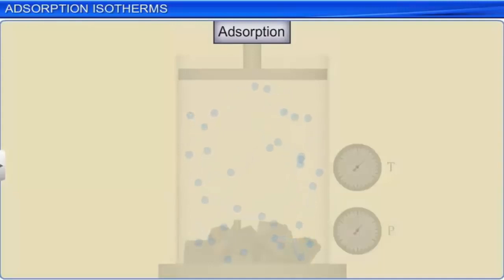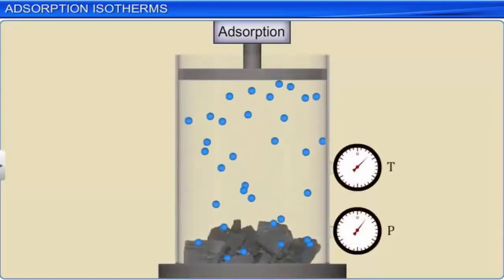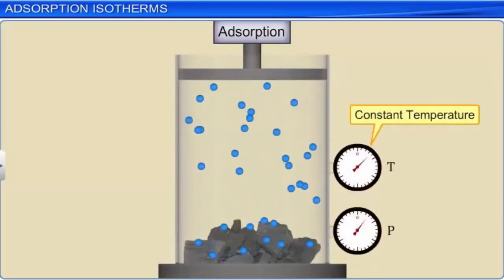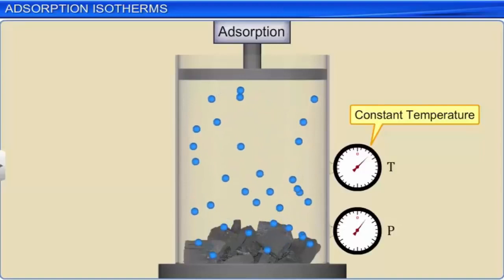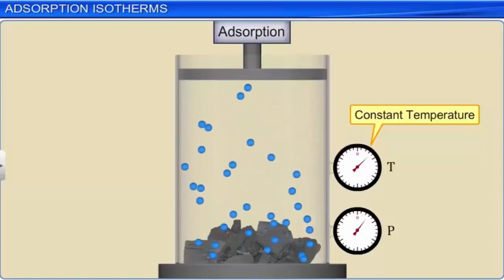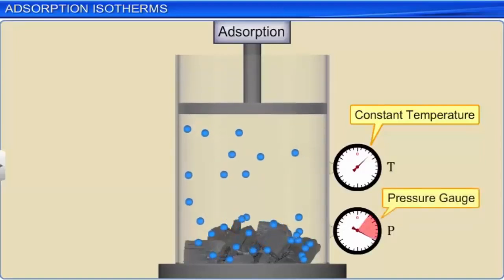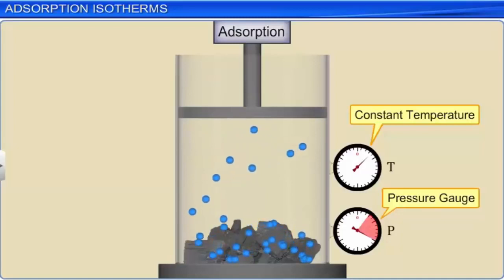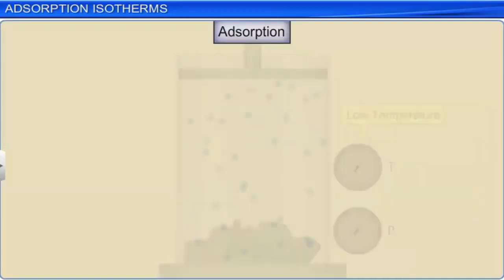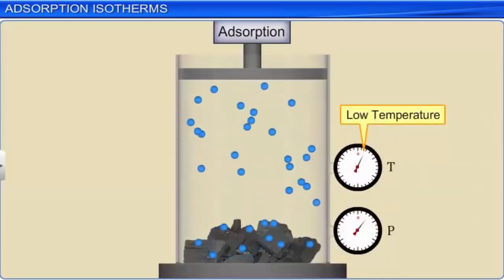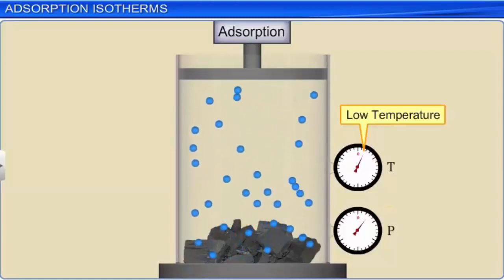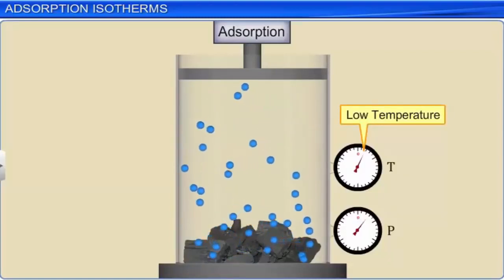Let us first recall some details about adsorption. You already know that at a constant temperature, the adsorption of a gas increases with an increase in pressure. At a low temperature, the physical adsorption of a gas increases rapidly on increasing the pressure.